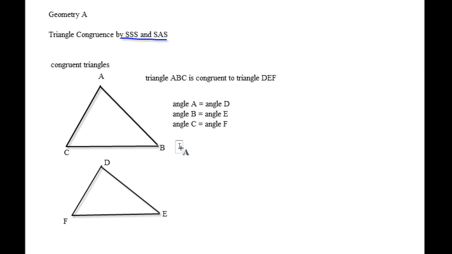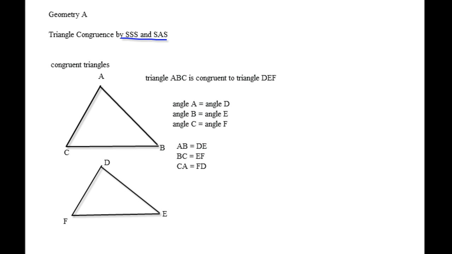Also, it means the side lengths are the same. So AB is equal to DE, BC is equal to EF, and CA is equal to FD.